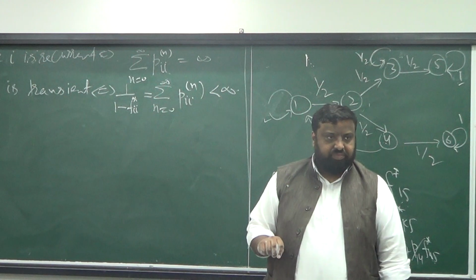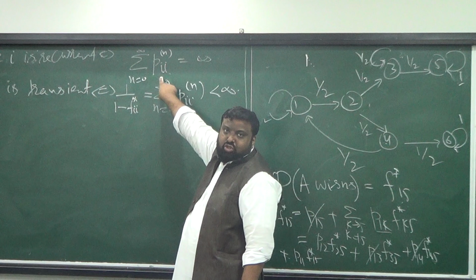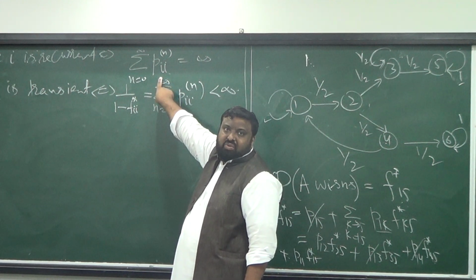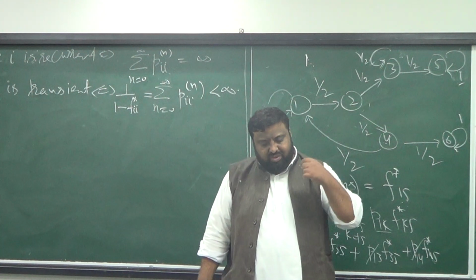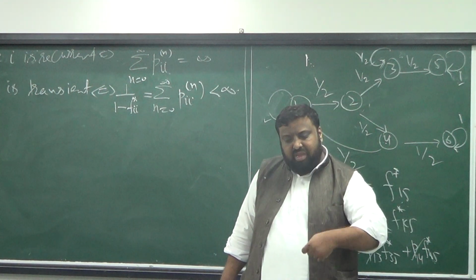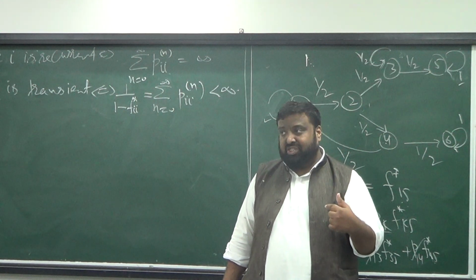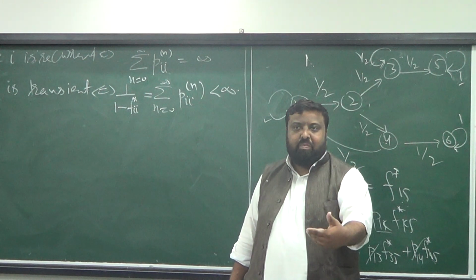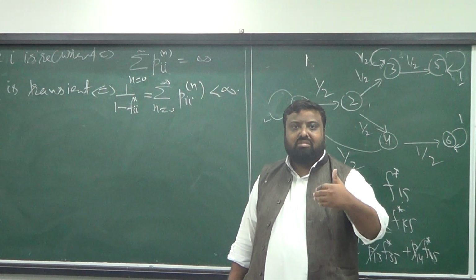Now think about it. Why is this showing that the state i is recurrent? What does this have to do with the recurrence of the state? P_ii in one step may be a smaller number, but since this series is diverging, the P_ii in two steps is either going to be the same as the previous number or is going to increase.